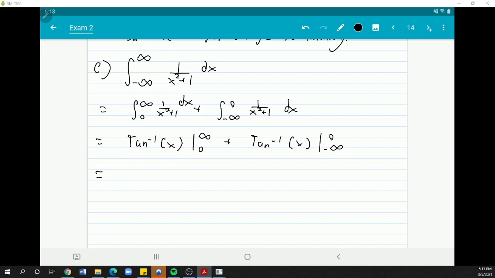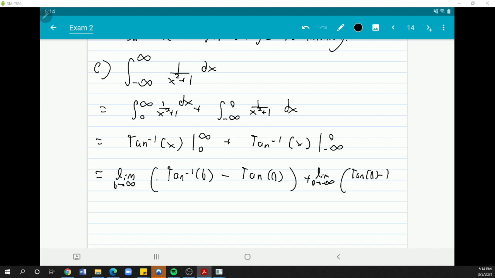And so this is going to be the limit as b goes to infinity of tan inverse of b minus tan inverse of 0, plus the limit as a goes to minus infinity of tan inverse of 0 minus tan inverse of a.